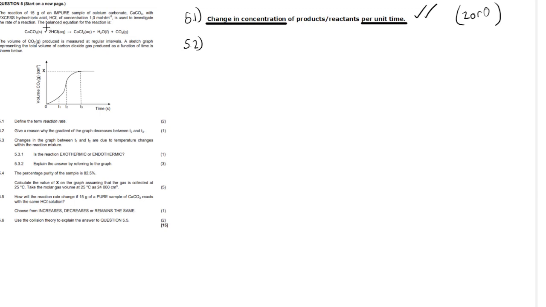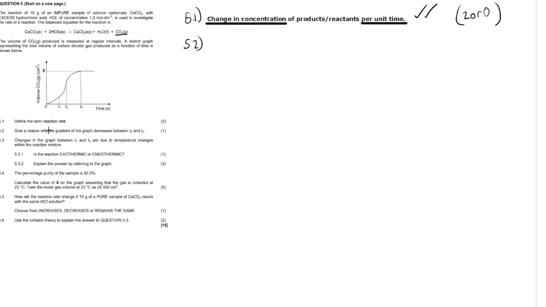The balanced equation of the reaction is given here. It does seem balanced as well. So if I briefly have a look at it, the volume of CO2 produced is measured at regular intervals. A sketch representing the total volume of CO2. Okay, so the total volume of one of the products is being measured, and it's sketched here over time.